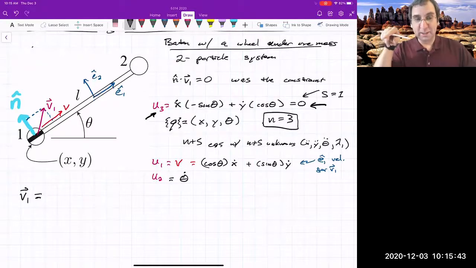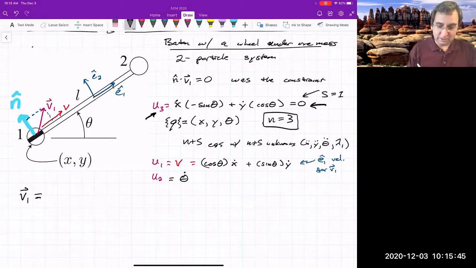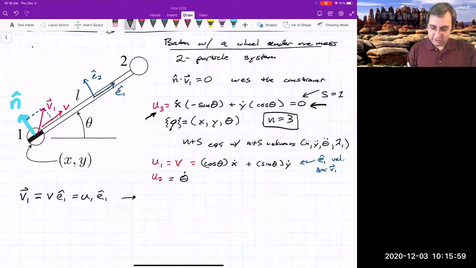This isn't the unconstrained velocity; it's the actual velocity. So the velocity is u1 in the E1 direction. Notice if I took partial V1, partial u1, this equals E1.